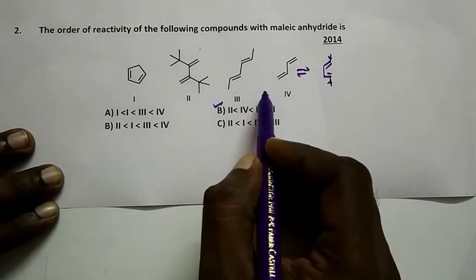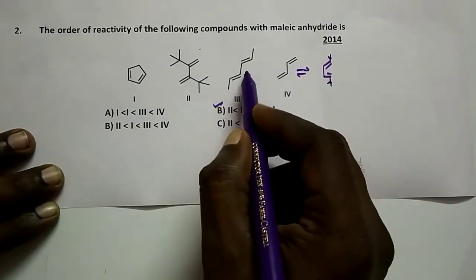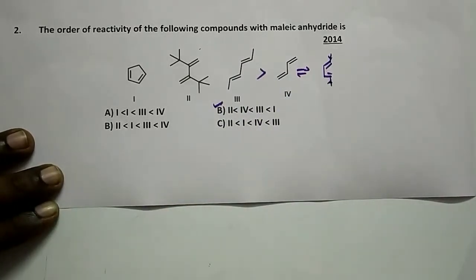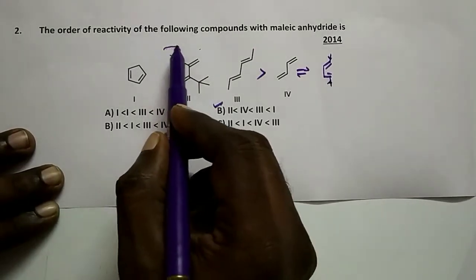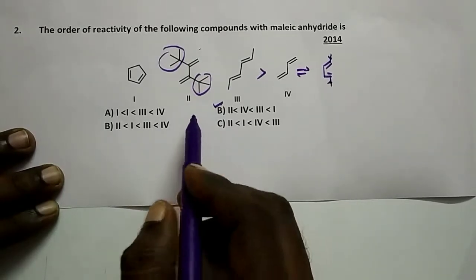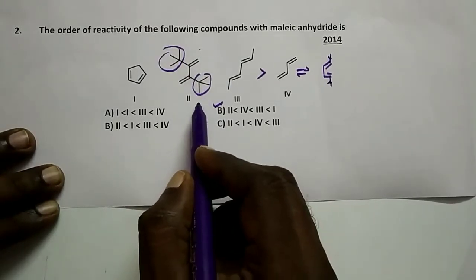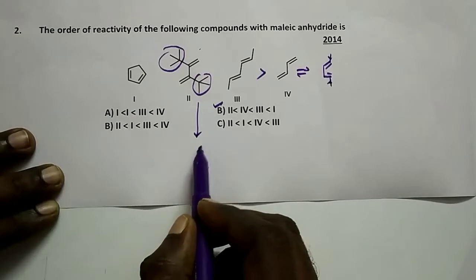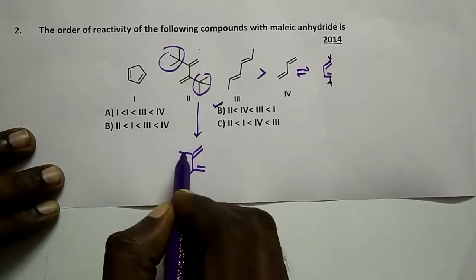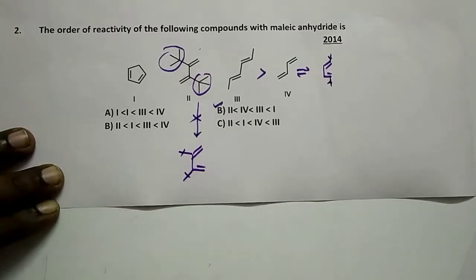In that case, 3 is more reactive than 4. But if you look at this one, this is a bulky group. Since this is a bulky group, it prevents this compound from turning into cisoid.